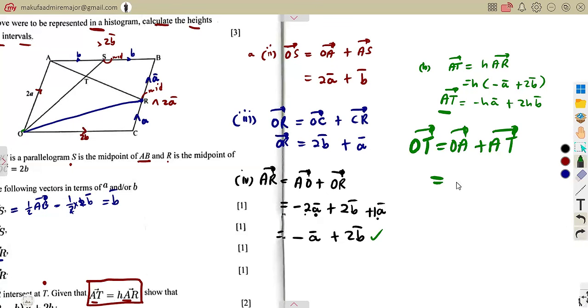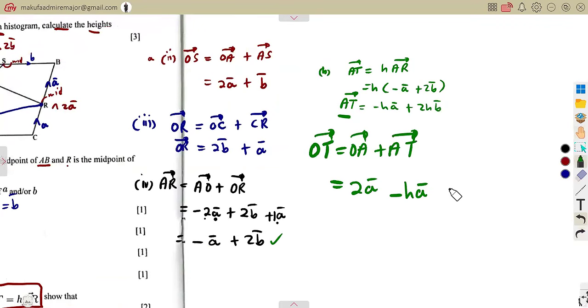That will be positive. So that's 2A plus AT. AT we calculated already. That is minus HA plus 2HB. Remember, if the vectors are the same, we can factor out that common vector.